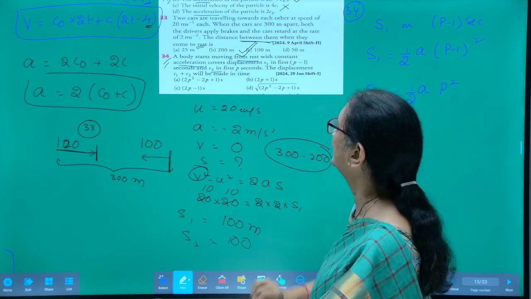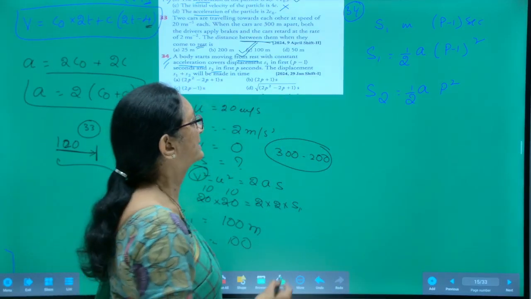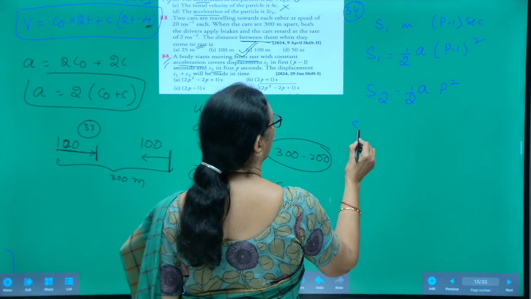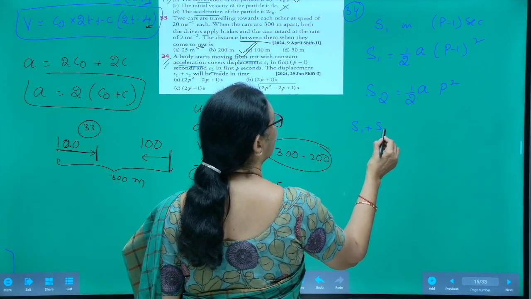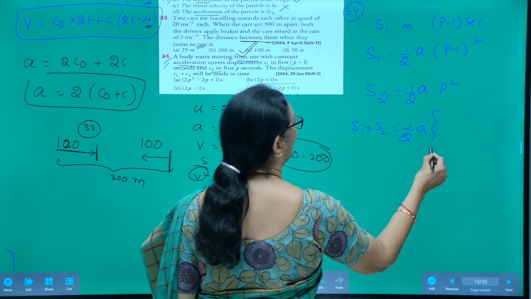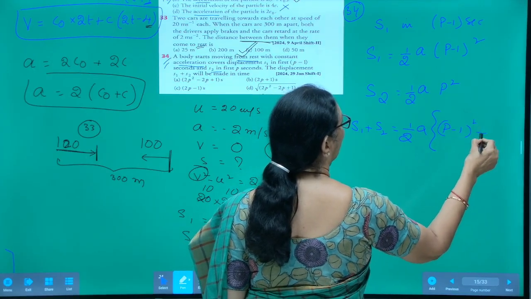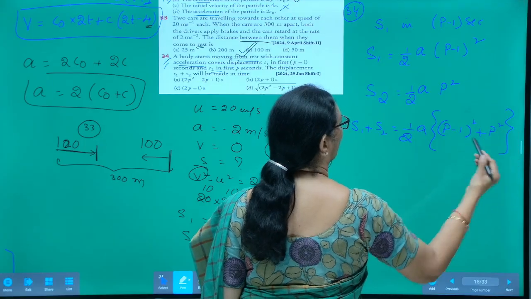The displacement S1 plus S2 is made in what time? So if you add these two, S1 plus S2 is equal to, if you take that half A as common factor, p minus 1 whole square plus p square.